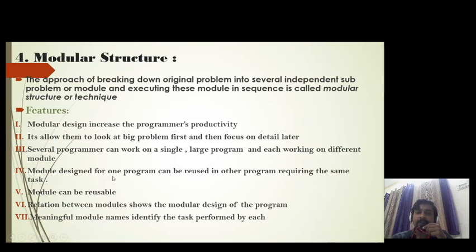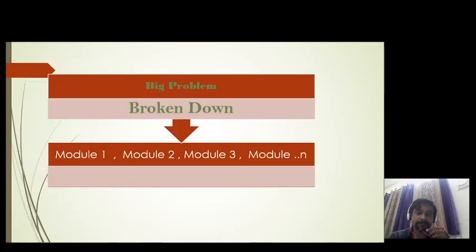Modular design for one program can be reused in another program that requires the same task. Modules can be reusable, and the relation between the modules shows the modular design of the program. Meaningfully, the module name identifies the task performed by each individual module.